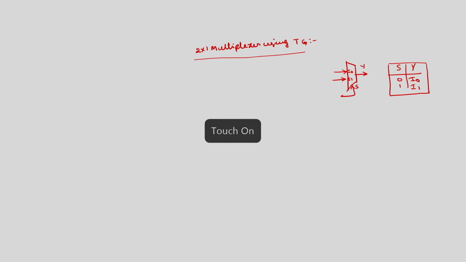So, using this symbol, to implement this 2 by 1 multiplexer we require 2 such transmission gates.